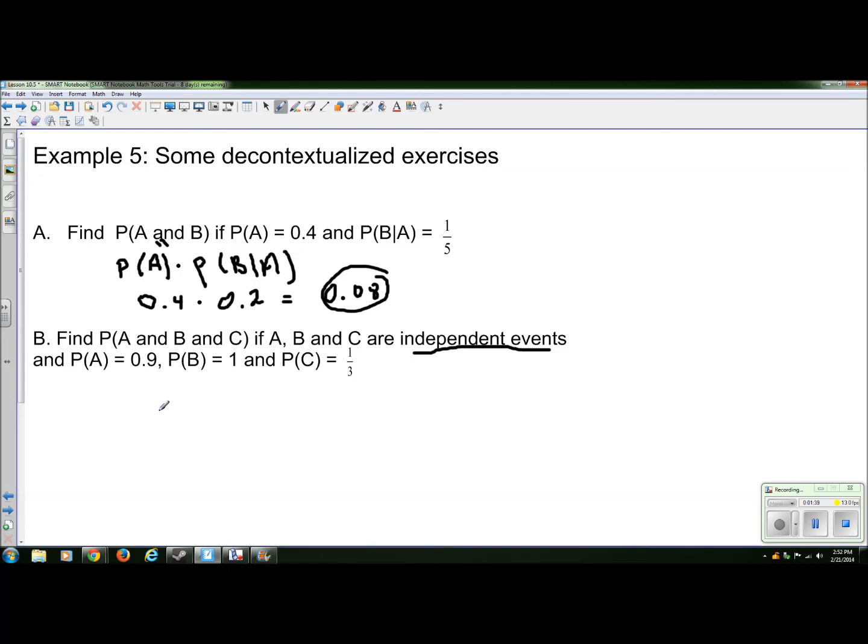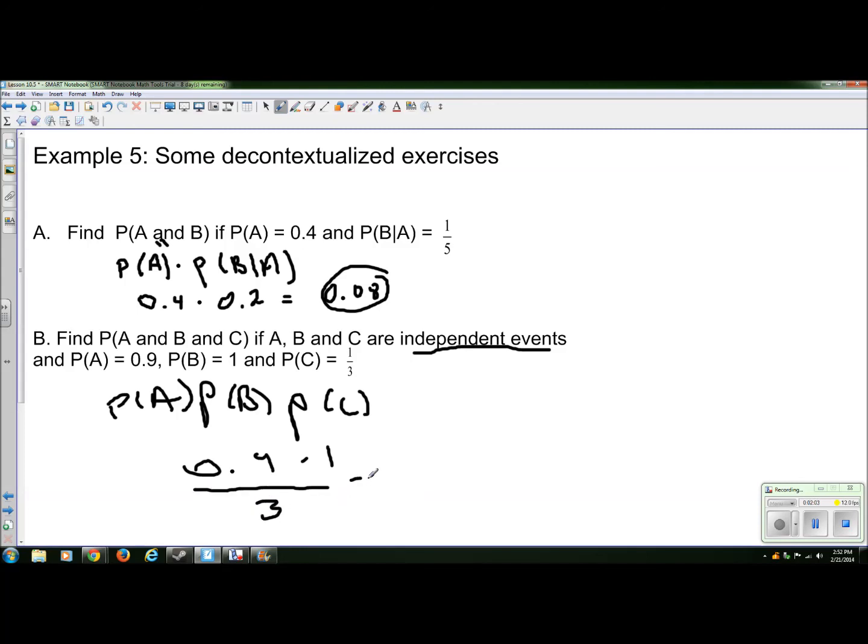So that really, literally just means I multiply the probability of A times the probability of B times the probability of C. I'm done. So that's 0.9 times 1, and I'm going to multiply that by 1/3, which is really just dividing this by 3, and that gives me 0.3.